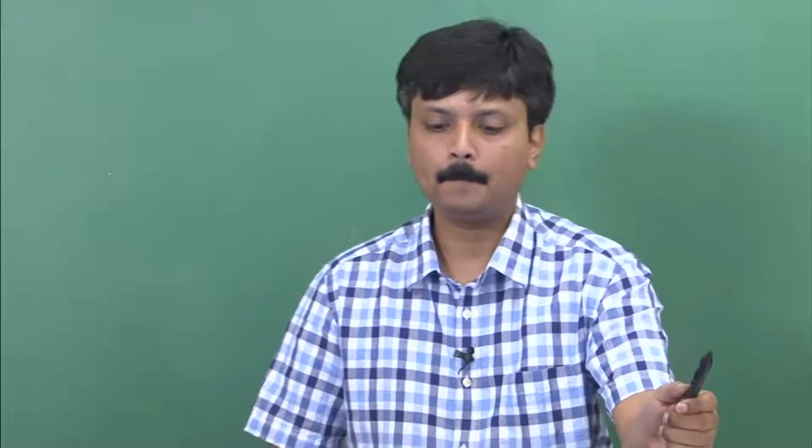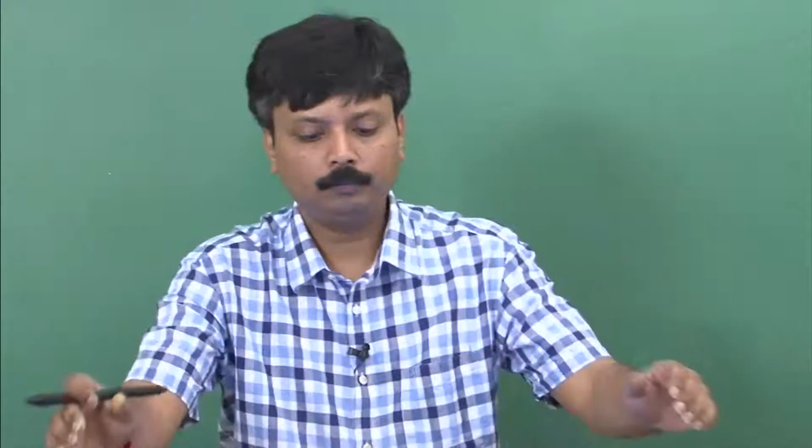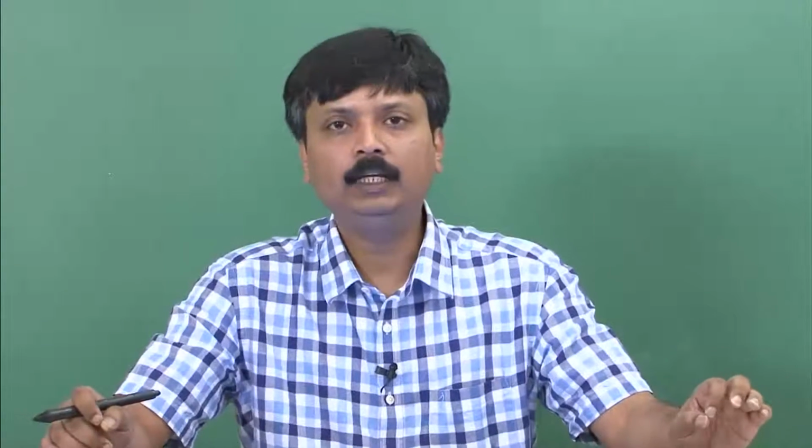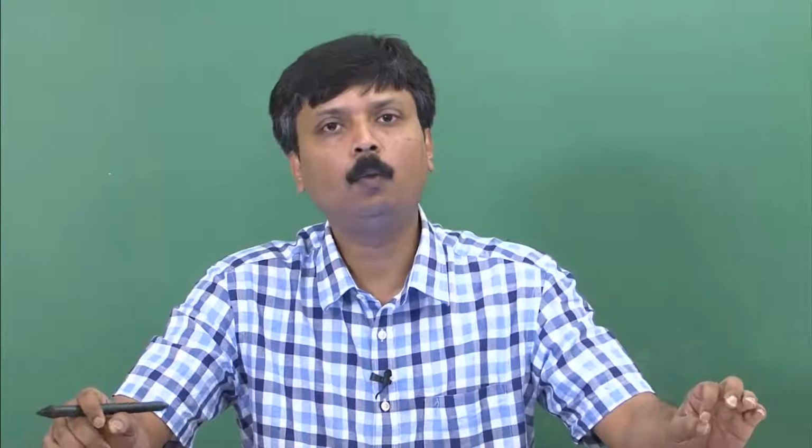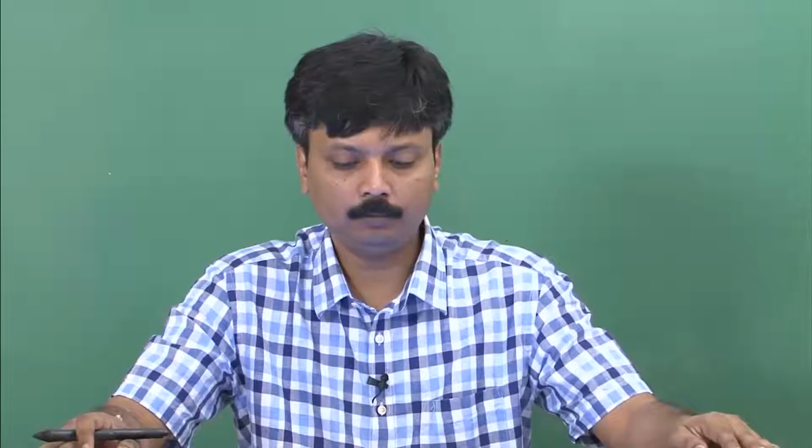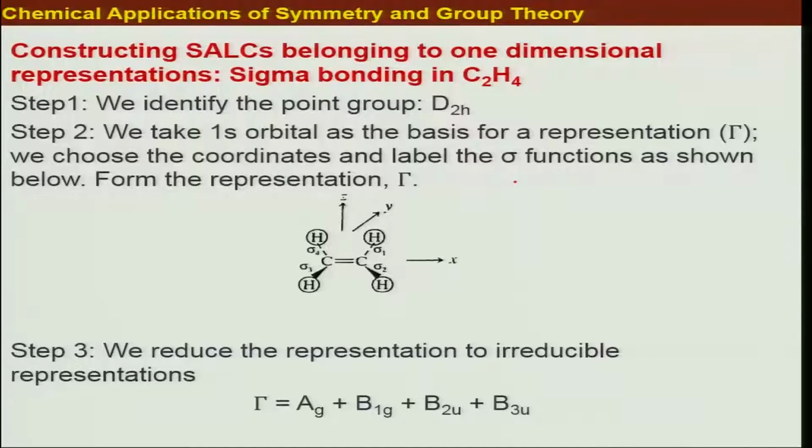So it's comparatively easier to start with one-dimensional irreducible representations, and then as we move on, we will go to the complexities of 2-dimensional and 3-dimensional. It's not really complicated, but you know, 1-dimensional is a lot easier, right?